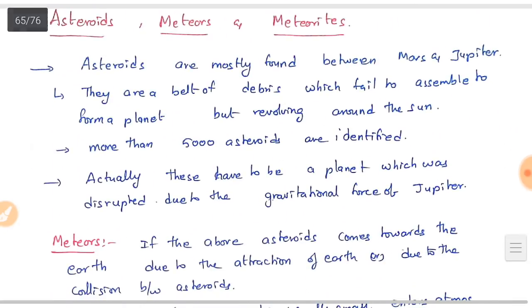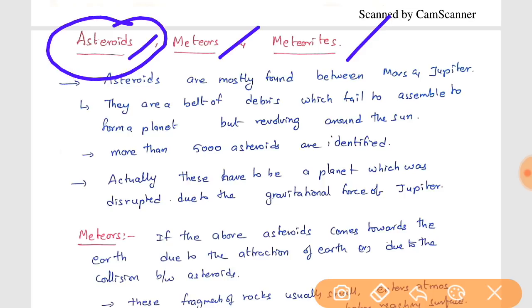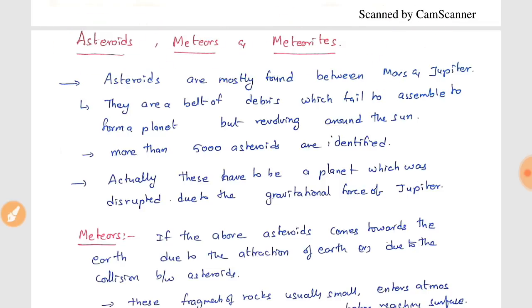So that is the difference between asteroids, meteors and meteorites. If it is in the asteroid belt, it is called an asteroid. If it comes into the earth's atmosphere and burns up, it is called a meteor. If it is big enough to reach the earth's surface, it is called a meteorite.